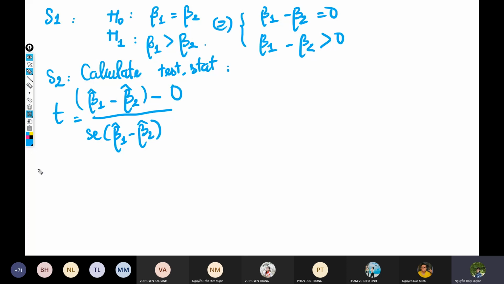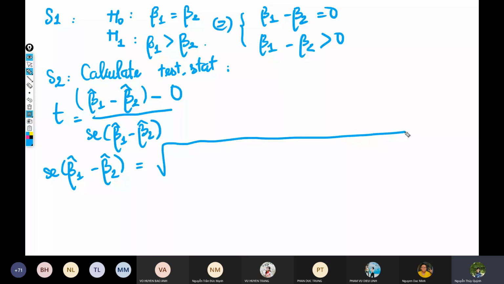This is equivalent to H0: beta 1 minus beta 2 equals 0, and H1: beta 1 minus beta 2 is greater than 0. Where SE of beta 1 hat minus beta 2 hat is equivalent to the square root of the variance of beta 1 hat plus the variance of beta 2 hat plus 2ab times the covariance of beta 1 hat and beta 2 hat. But because b here is equal to minus 1, here we will have a minus sign: minus 2 times the covariance of beta 1 hat and beta 2 hat.